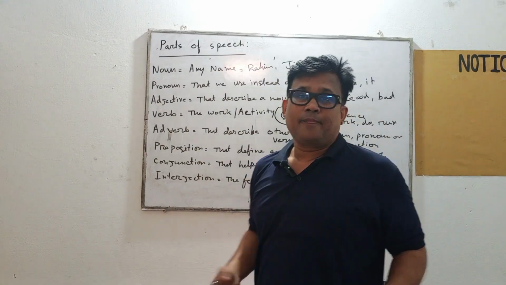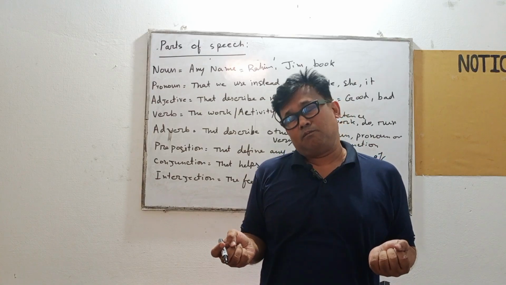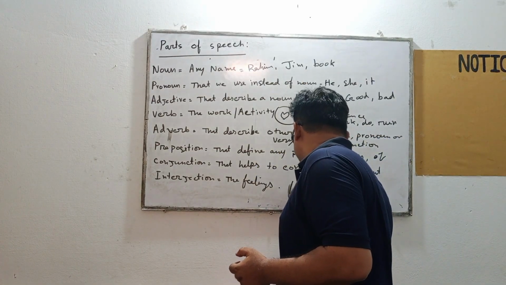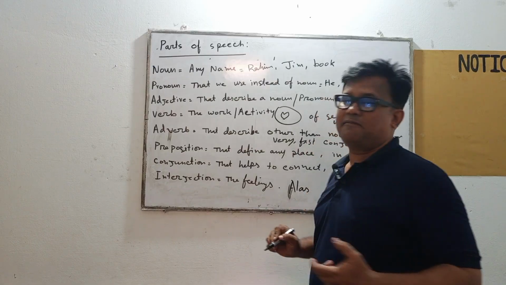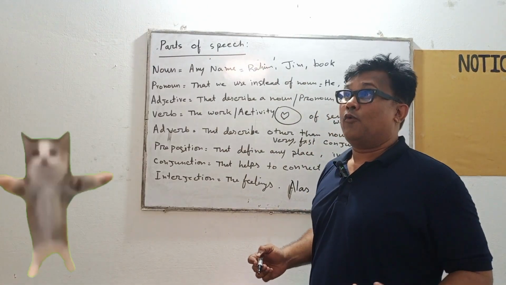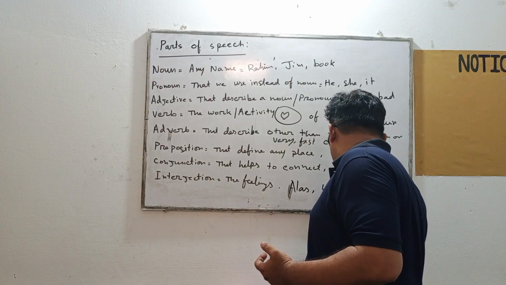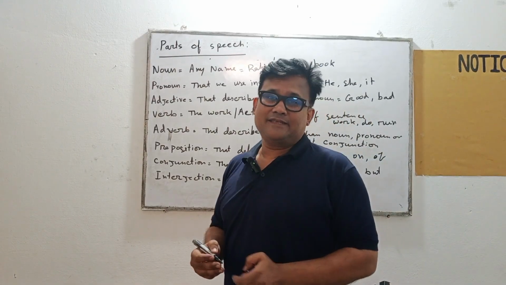Interjection, feelings. We sometimes express distress, emotion, sadness. Alas, we say, alas, I am undone. Wow, I have made it win. Wow, this type of word is known as interjection.